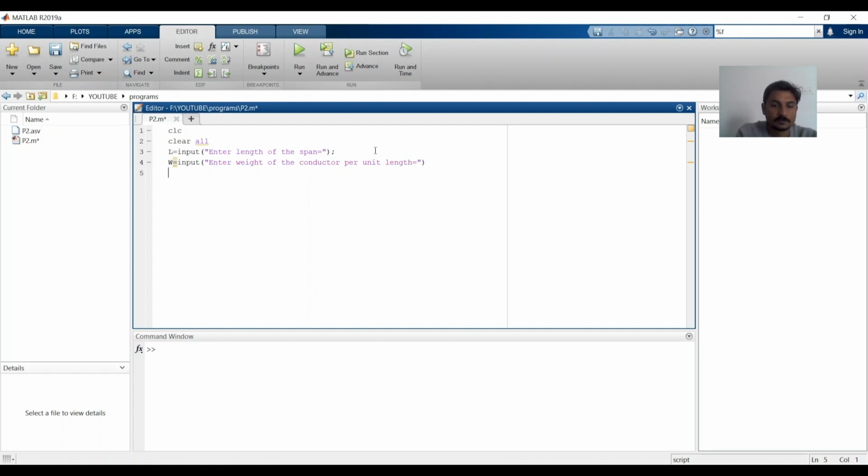And U, input, enter ultimate strength, and S, input, enter safety factor.